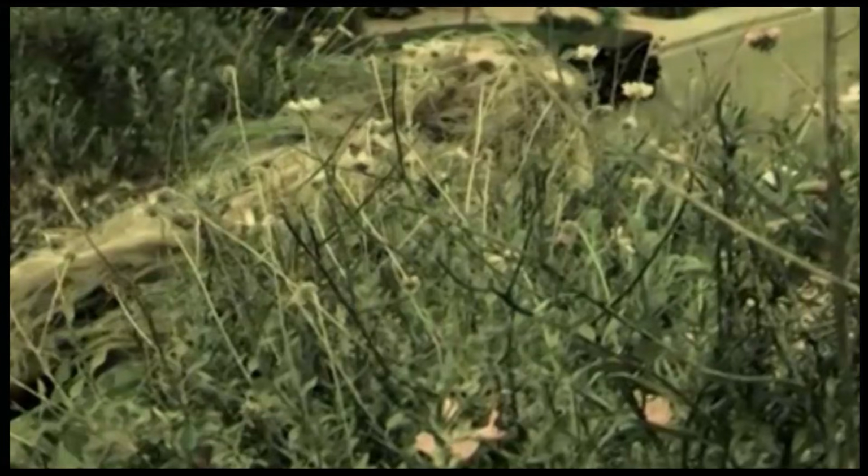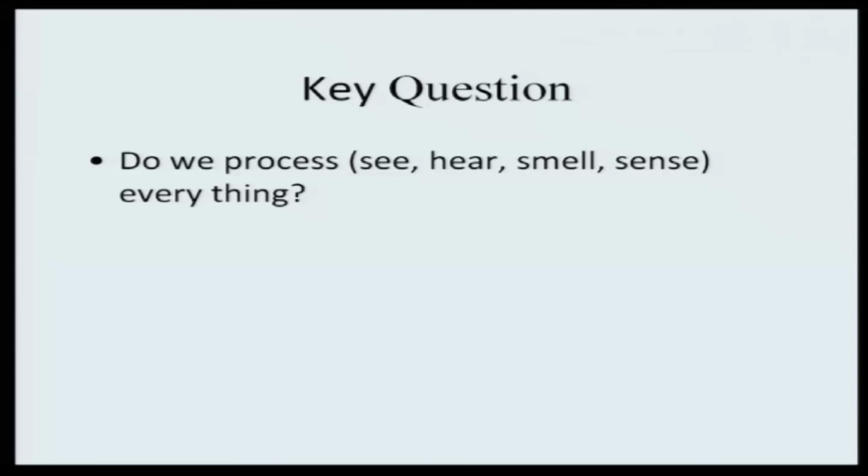So, coming back to our key question that we initiated in our second lecture: do we process everything? What do you say now? What have we discussed till now? Number one, it is the intensity of the signal that we receive in the environment that would determine whether we would be processing it or not.